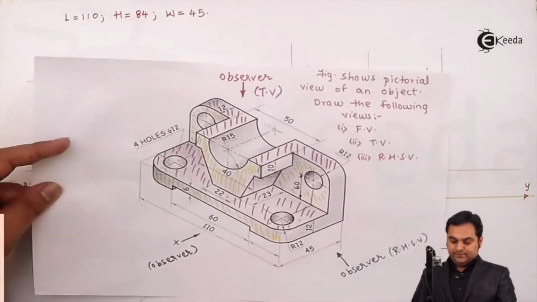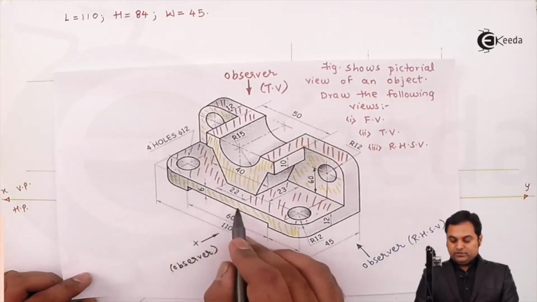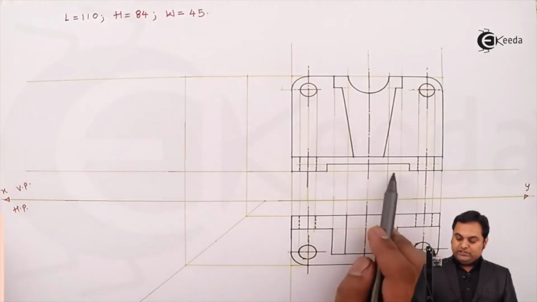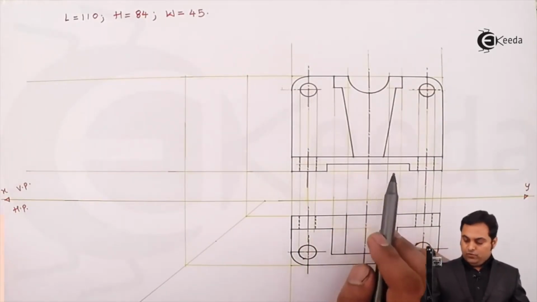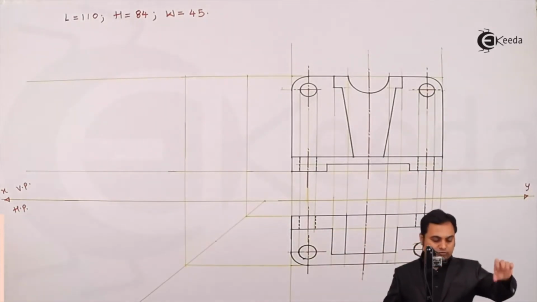Next, at the same time, from the top, this cut is here, which is not visible, so that the length of the cut is with us in the front view. Now I'll be projecting this cut into the top view, and it is throughout the length.